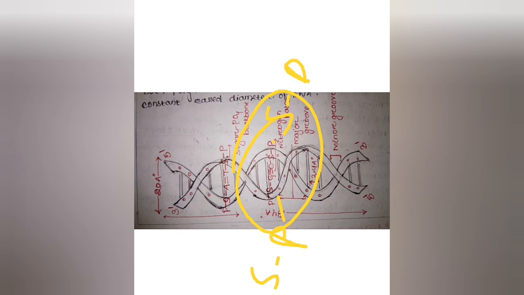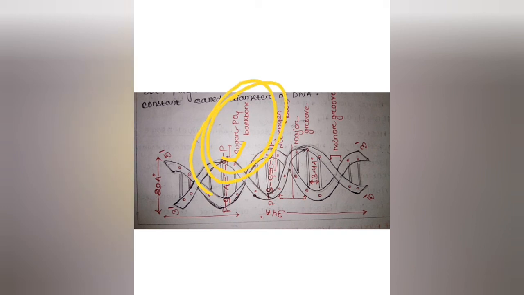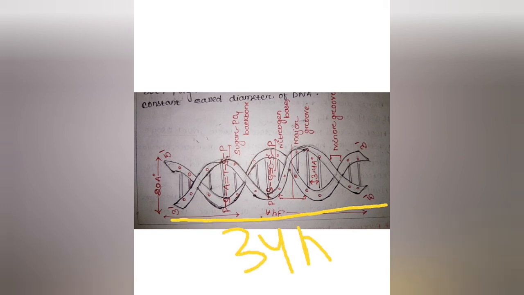Adenine is bonded with thymine by two weak hydrogen bonds, and there is a sugar phosphate backbone on both sides. Guanine is bonded with cytosine by three weak hydrogen bonds, then sugar and phosphate. This is the sugar phosphate backbone as sugar and phosphate are bonded. Next, in one complete turn, that is 34 angstrom or 3.4 nanometer.